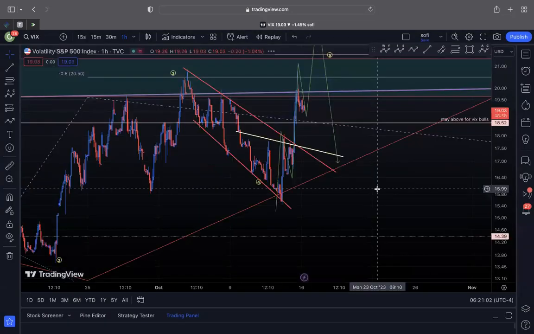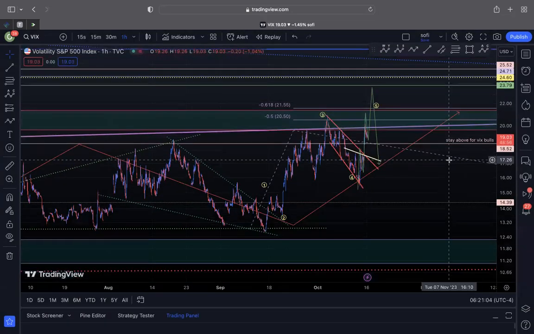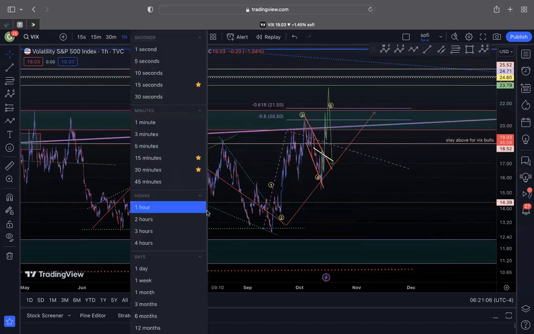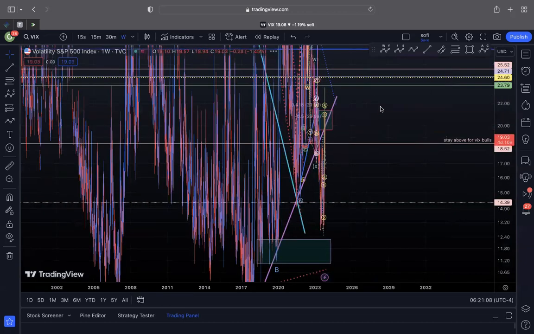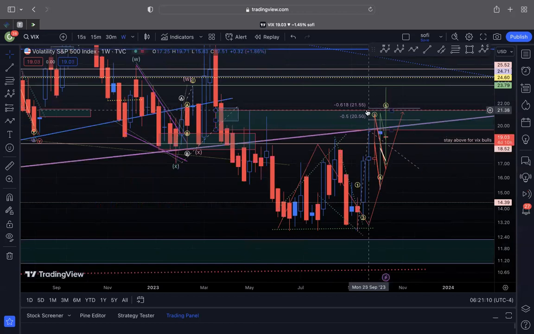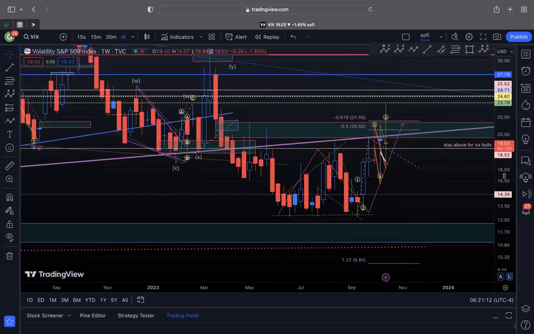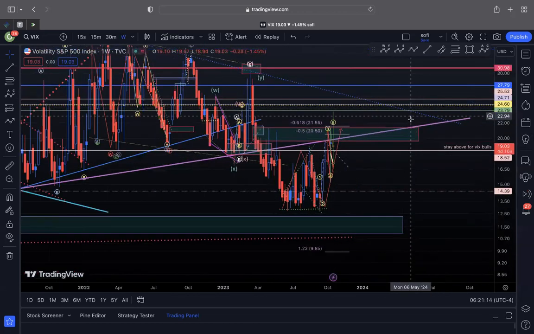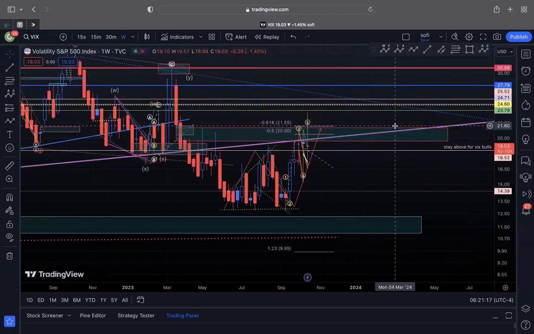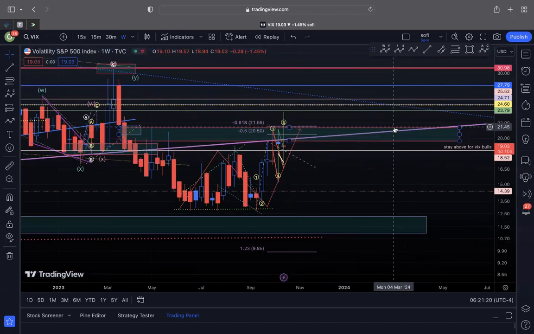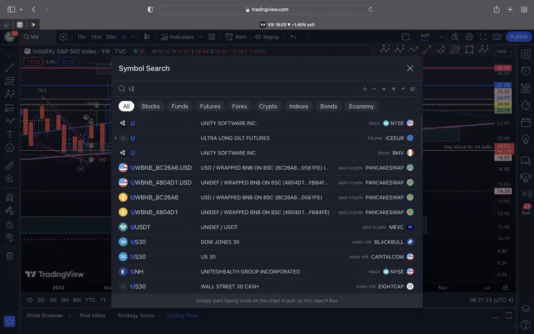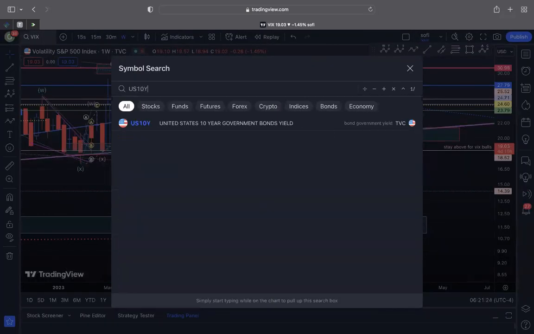For the wicks to actually break out and have an impact, you would need to break over this 20. You can see here on the weekly, we always tend to get rejected around this 21.5, 22 area. So if you do want a more sustainable downside, you would need to break over this 20.6 area. Otherwise, that green path is still a probability. So these are all factors to take into consideration.